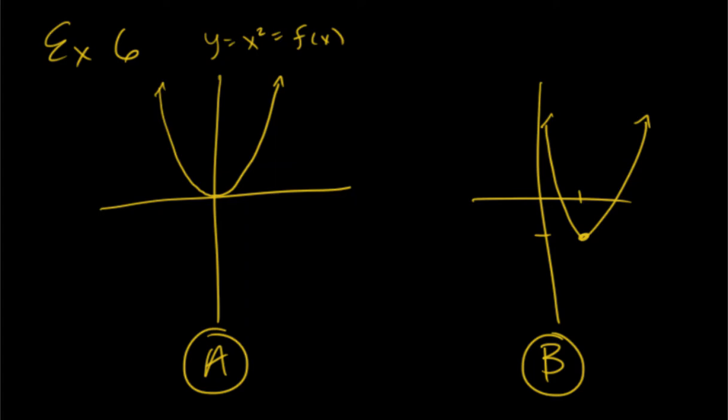So we just need to state what the equation would be. If we move to the right, what's going to happen is it's actually counterintuitive. We subtract something from x. So if we go this direction, we subtract from x. If we go this direction, we add something to x. You just have to remember if it's left and right, it's going to be counterintuitive.